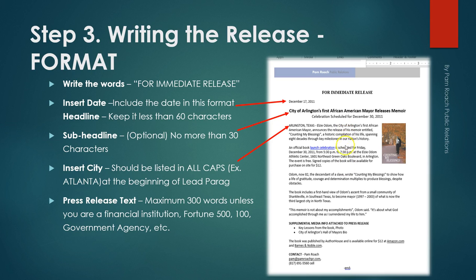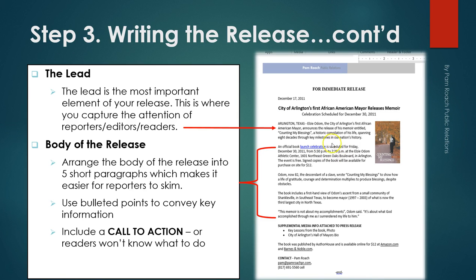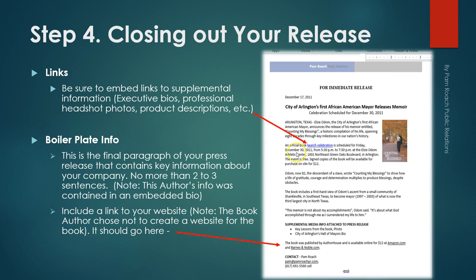This is your lead. This is the body of the press release called the press release text. The lead has to show exactly what you want the reporters to do. Your call to action goes in the lead and in the body of the release right here. Next, you want to make sure that there is some link to additional information that reporters can reach.